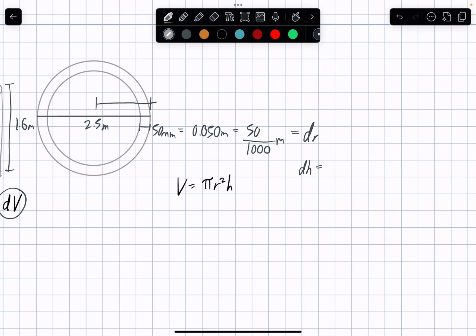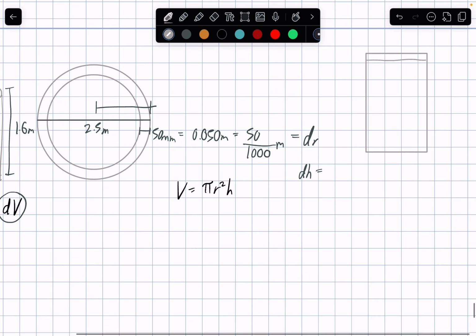so if you imagine, supposedly, this is what the cylinder looks like from a side point of view. So the thickness we have from the bottom and from the top.